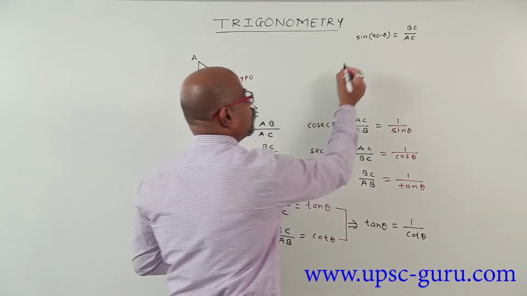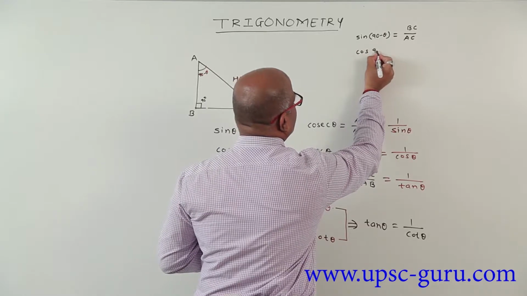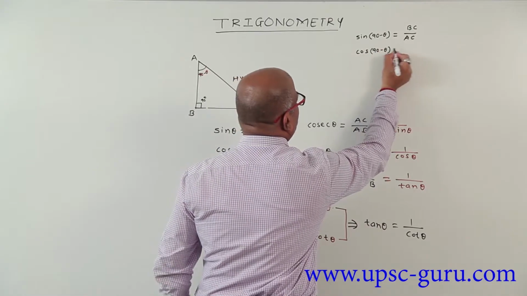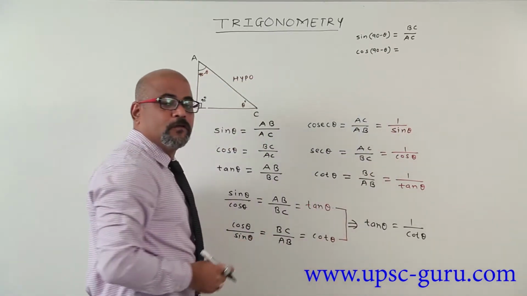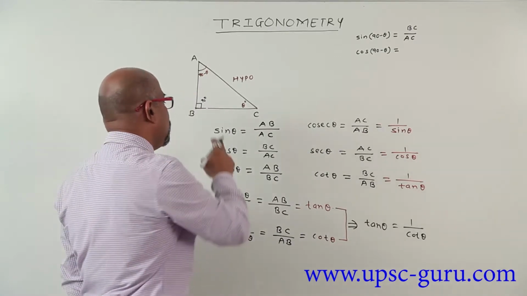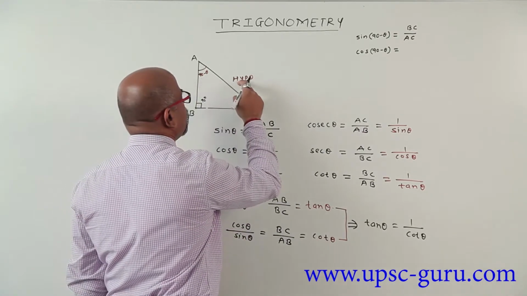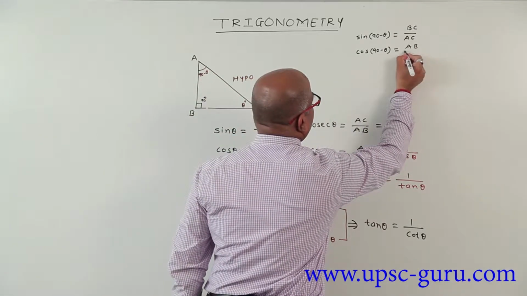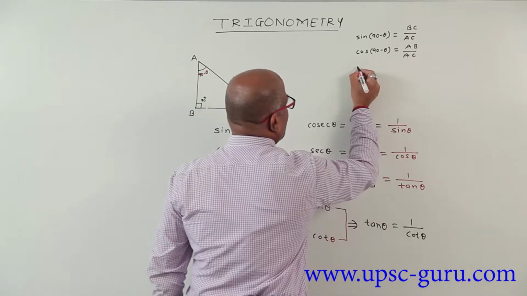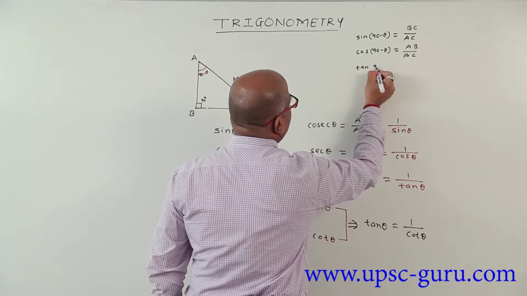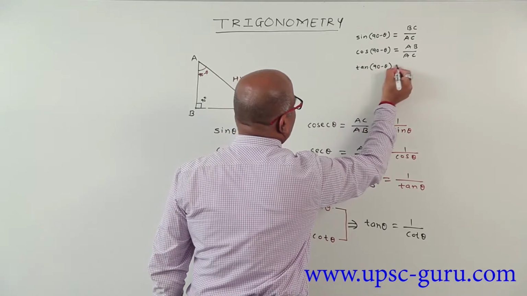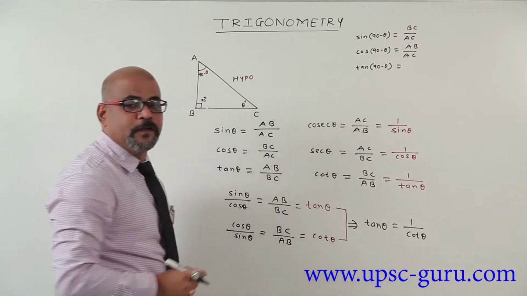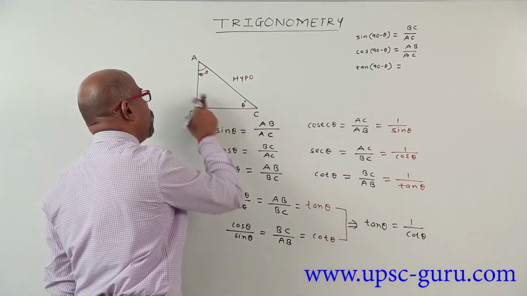Then next ratio, cos 90 minus theta. Let us check what we get. Cos equals to adjacent upon hypotenuse, that is AB upon AC. Then tan 90 minus theta. We know that tan equals to opposite upon adjacent, that is BC upon AB.